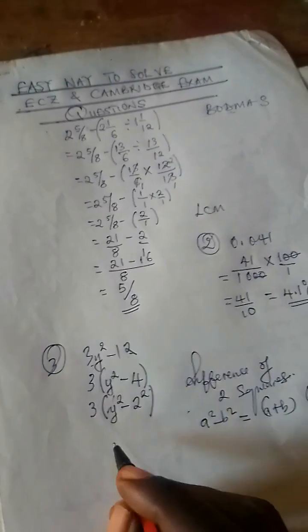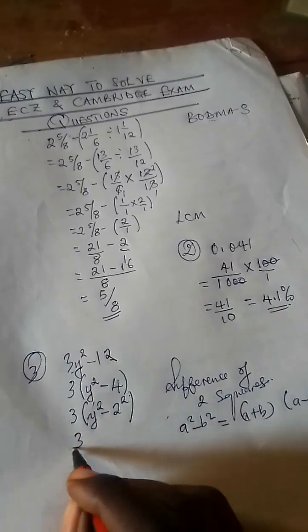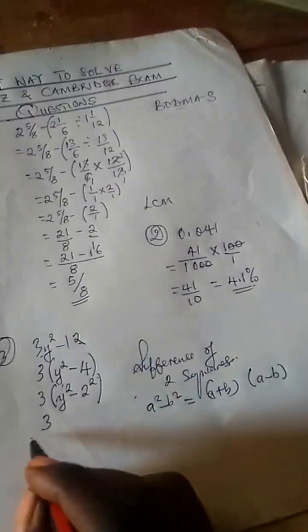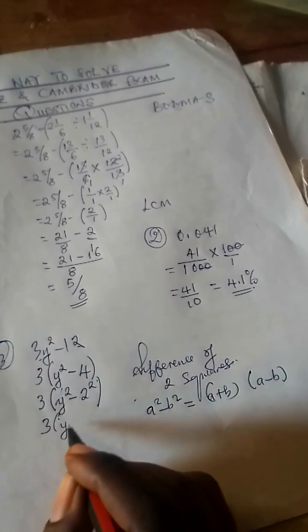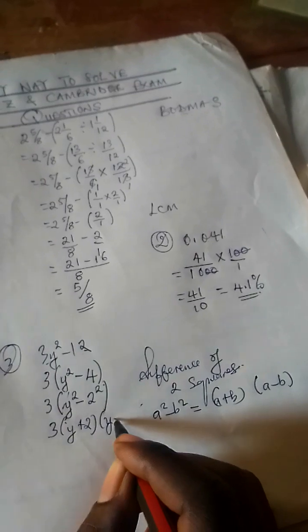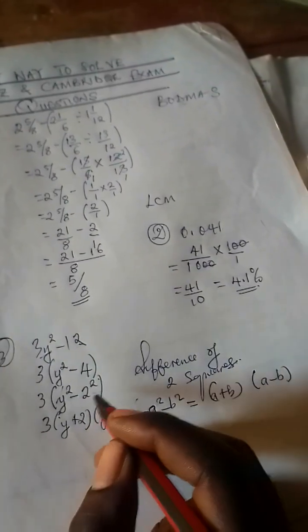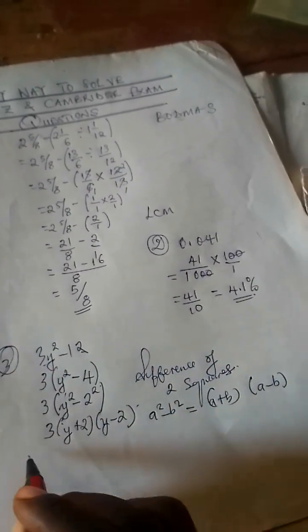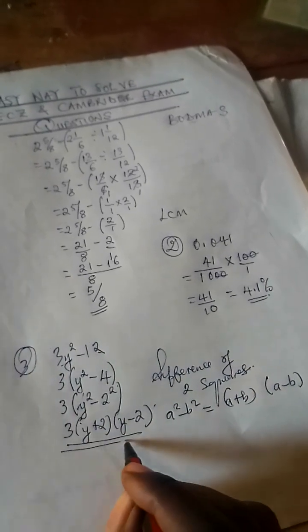So meaning we're going to have 3, expressing this now in terms of this, you have y plus 2 and y minus 2, and this is your final answer, just like that.